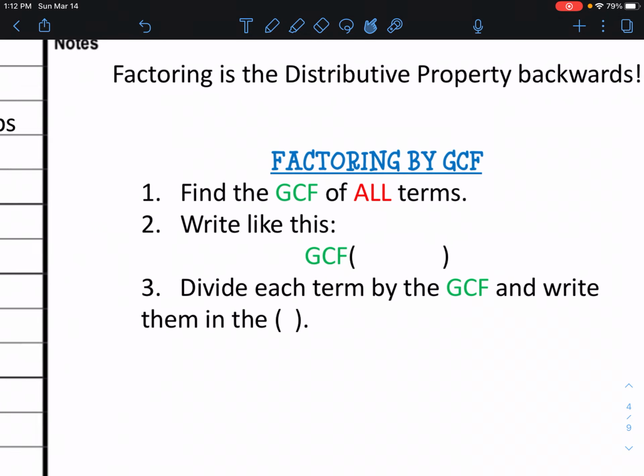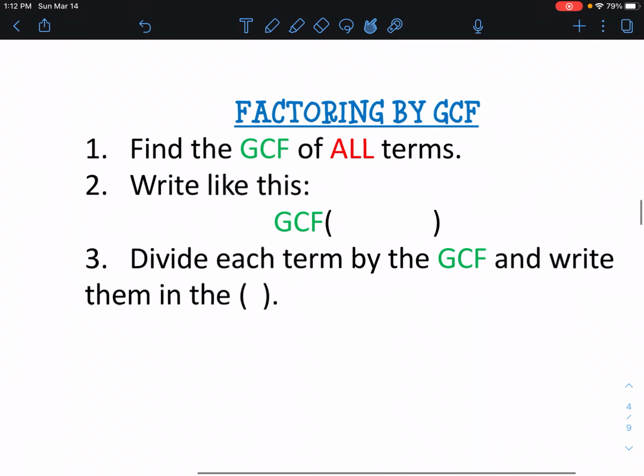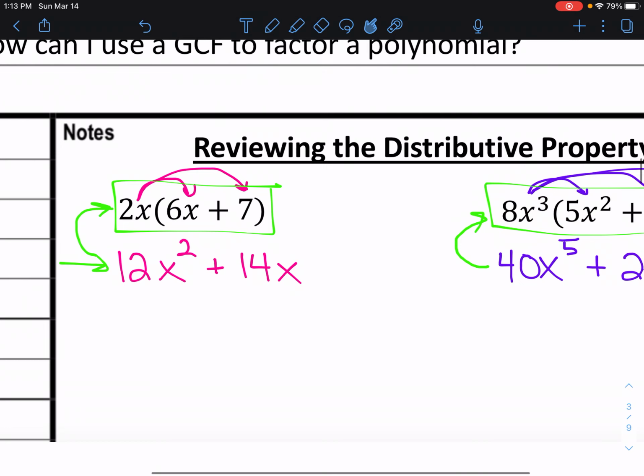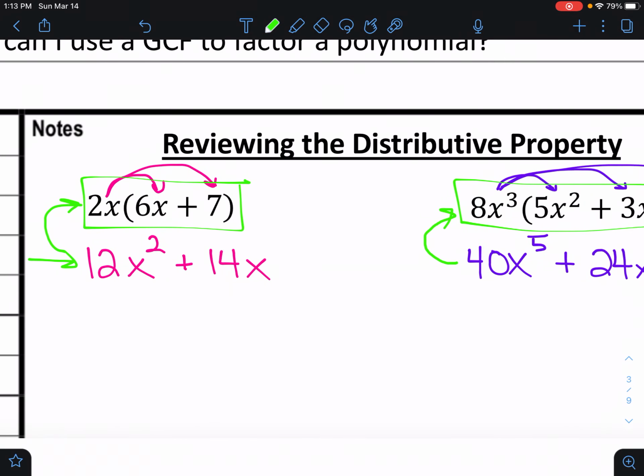So how does this work? Well, to factor with a GCF, the first thing you need to do is find the GCF of all the terms. And that's a key thing, make sure it's of all the terms. Once you have figured out the GCF, then you're going to write it in front of some parentheses, just like we did. Like you'll notice right here, this thing would be out in front. That would be your GCF.